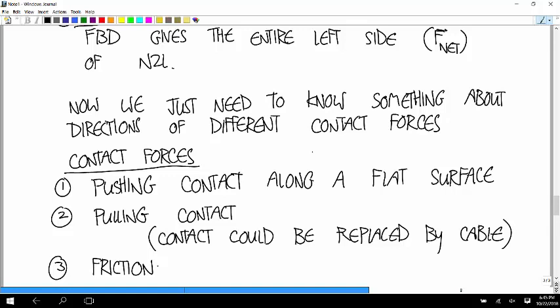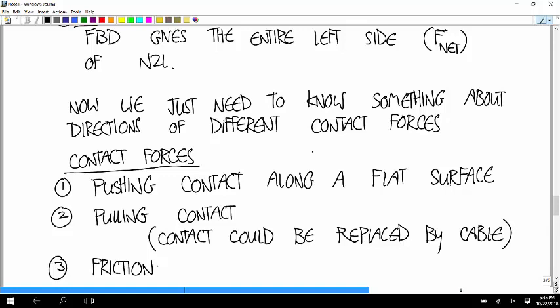No, because it would just crumple. So that has to be pushing. If I'm doing this, could I replace that contact with a string? If it's strong enough, you could. I could just as easily be holding on to the end of a string and pull the table up. Okay, so that's kind of the distinction.